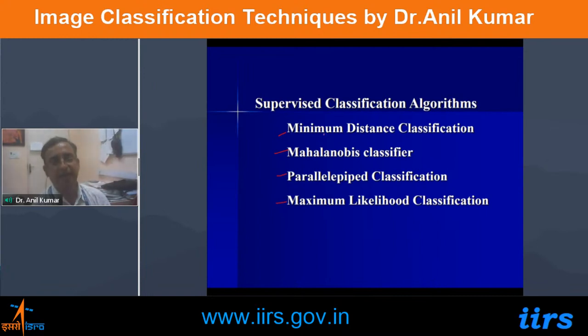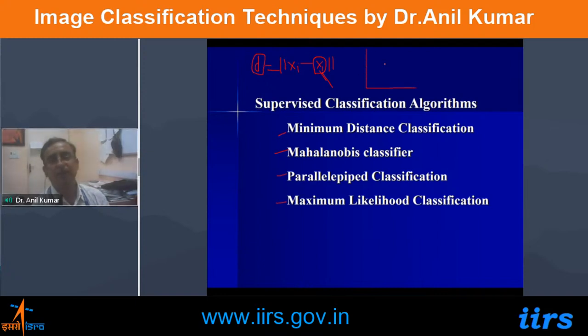So what is happening in the minimum distance? I've told you the D has to be calculated like this: xi minus x1. So this is the mean for class 1. Once we have training data or sample data of class 1, we can find out the mean vector or mean parameter of class 1, and like this for the other classes also. So we can find out the distance.